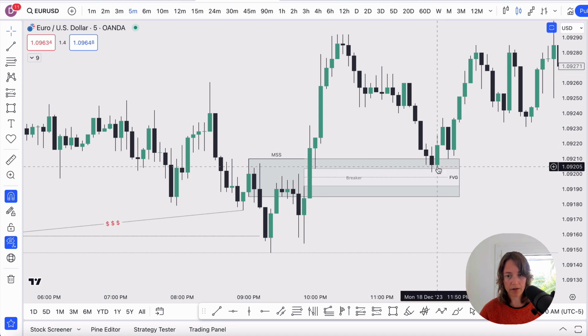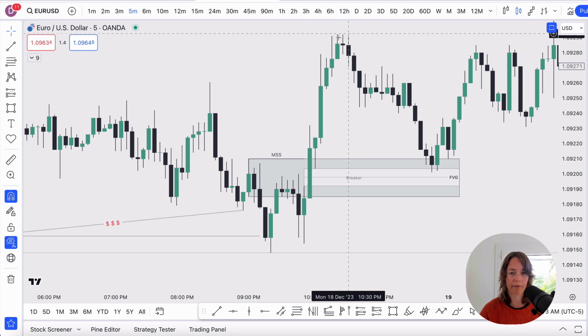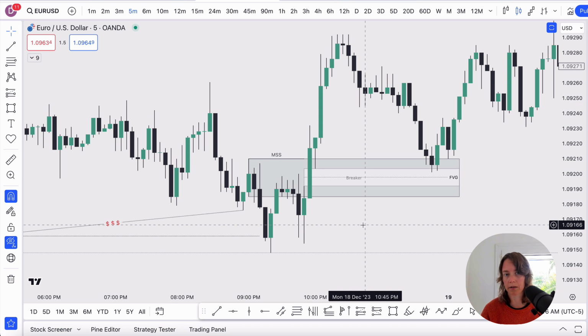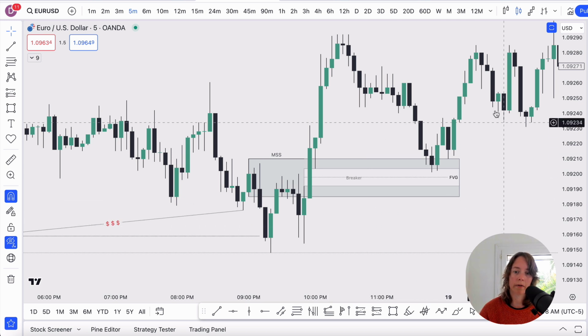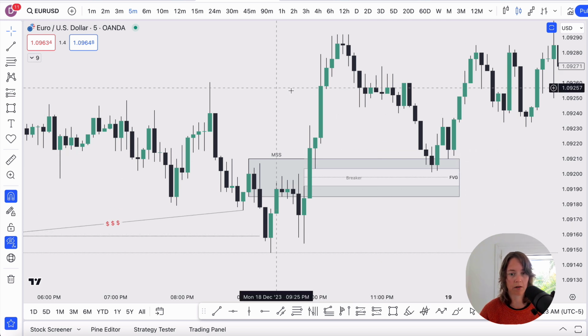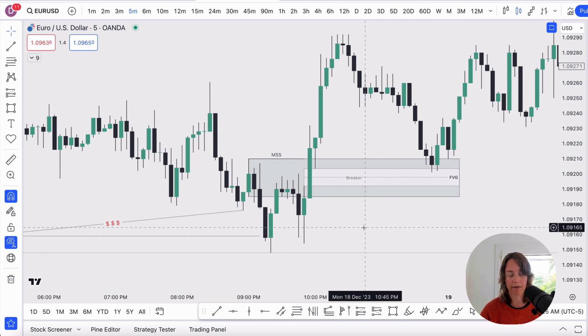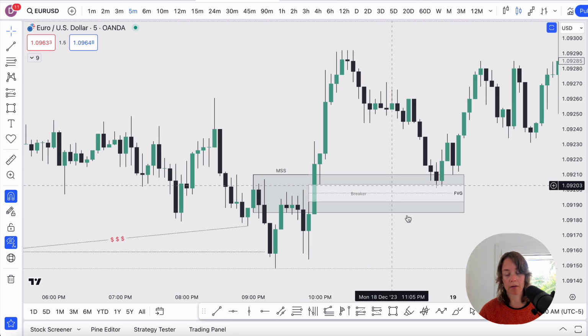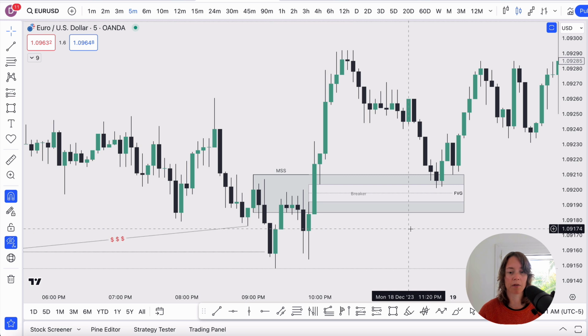If you took the entry here, you want, of course, to aim for the first highs over here and not go to the moon on some target on the daily time frame. So you should always make a plan around it. What are your targets? What is your bias? What is your total narrative? What are you aiming for? And where should your stop loss go? And take the according risk management, of course.